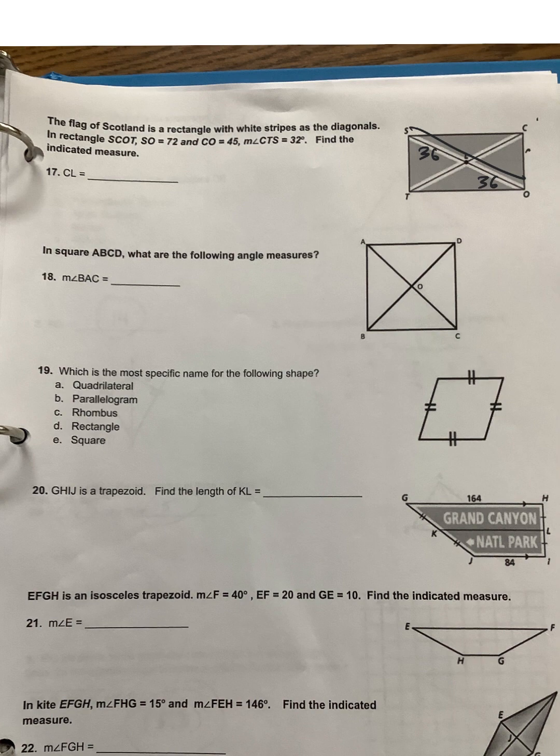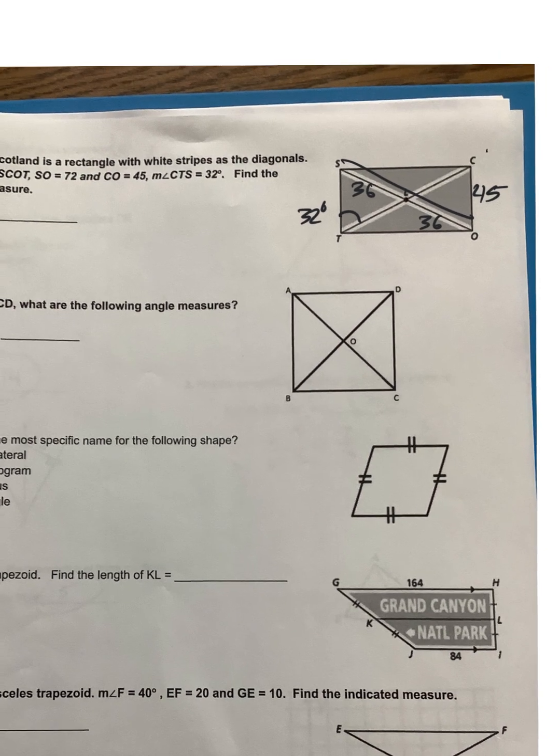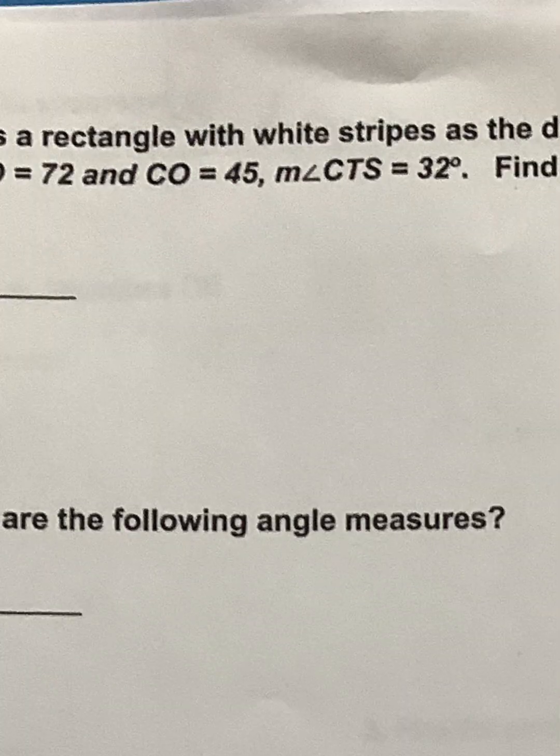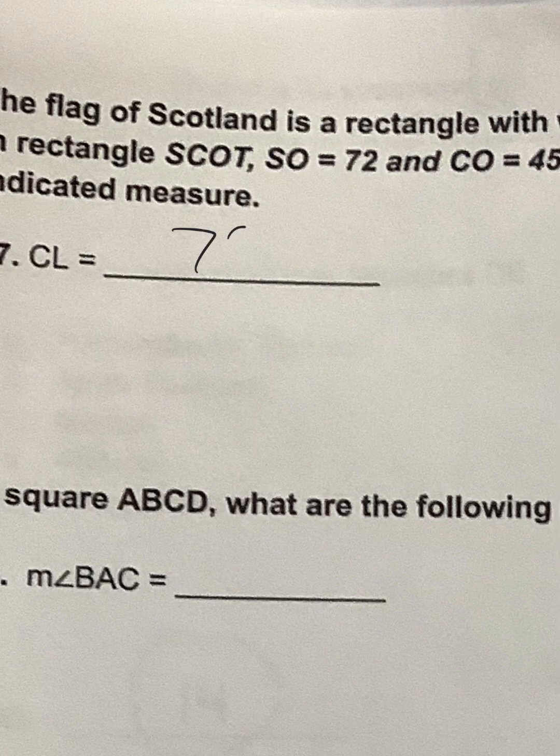CO is 45. And CTS, this angle right here, is 32 degrees. All right, so what is CL? They're asking for the whole length of that diagonal. Well, it's the whole length of SO, which is 72. Believe it or not, many people miss this. 72. That's the length, not degrees.